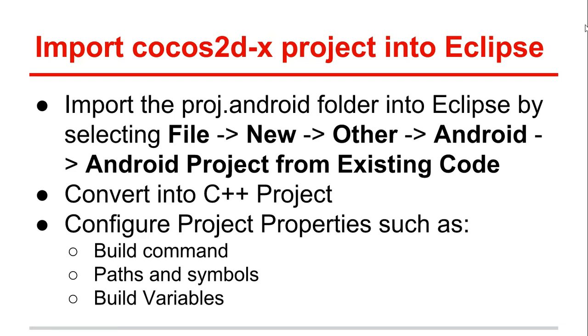After that, we need to convert the project into a C++ and Java project. And finally, we're going to configure some project properties such as the build command, the path and symbols, and the build variables. So let's start by importing the project into Eclipse.